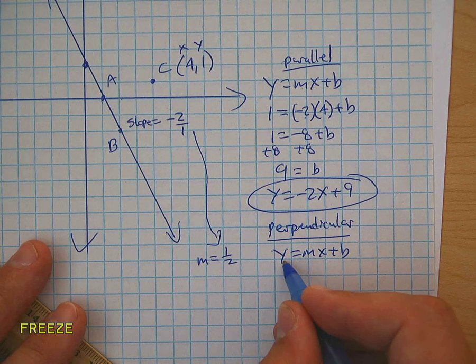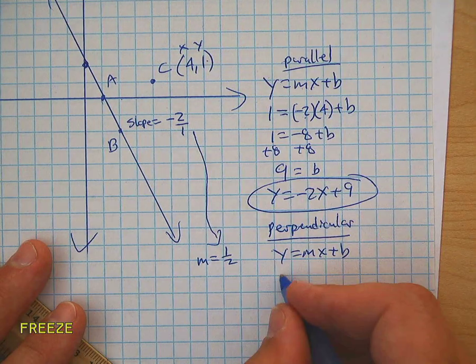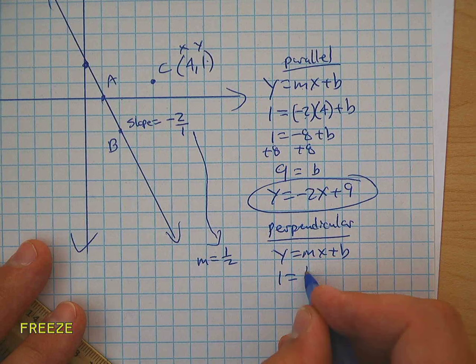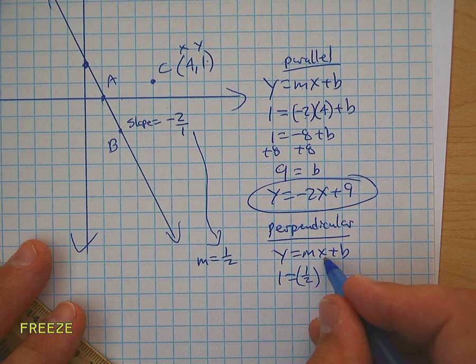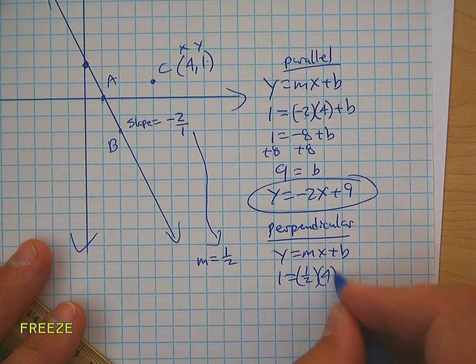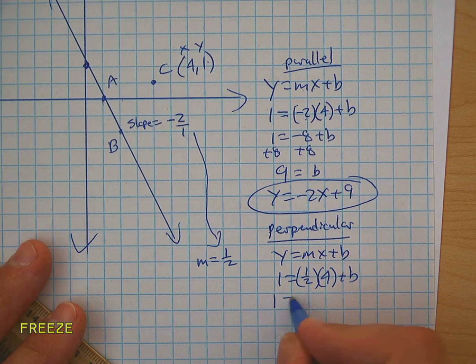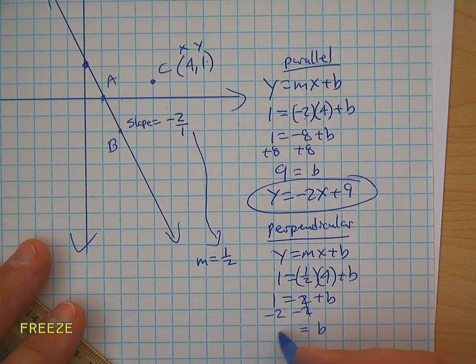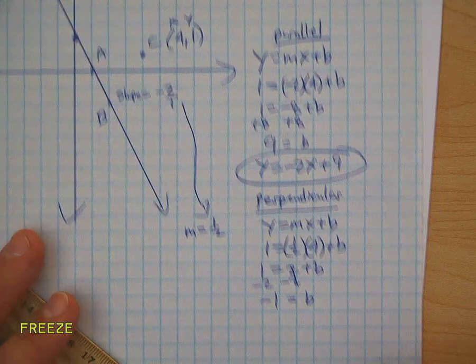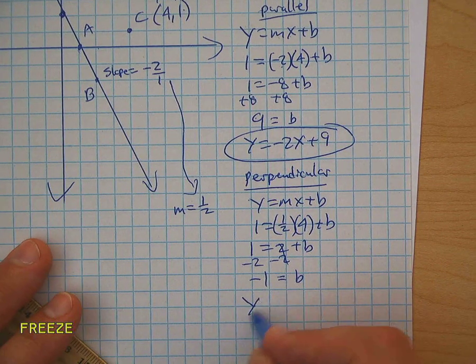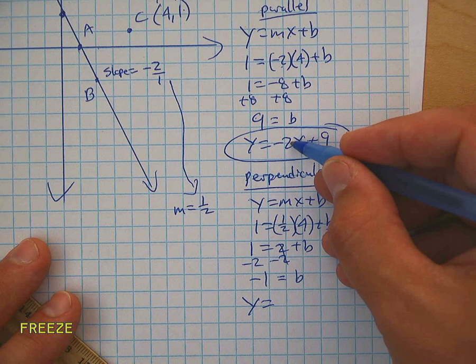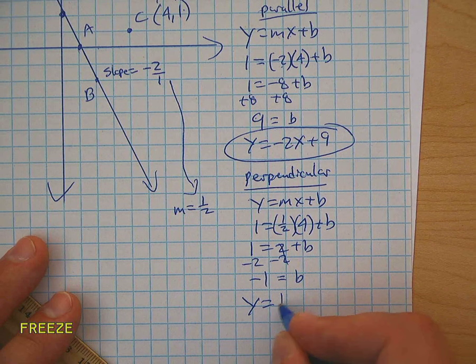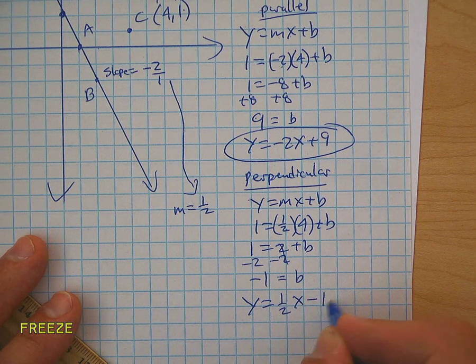So I'm going to put in my points: 1 for y, 1/2 for the m, and for the x it's going to be 4. So I have 1 equals 1/2 times 4, which is 2, plus b. Subtract 2 from each side. I'm left with b equal to negative 1. So the new equation is going to be y equals, I don't use the negative 2, I use the 1/2. y equals 1/2 x minus 1.